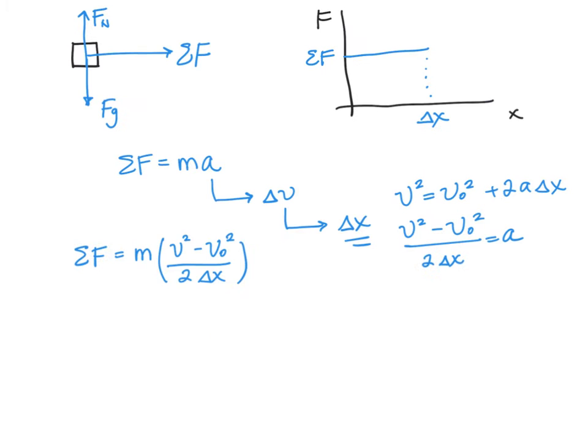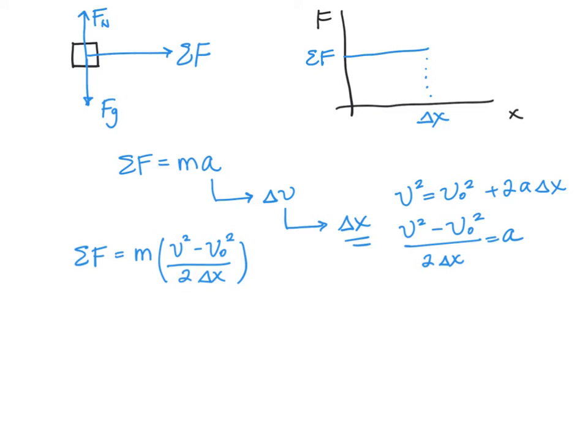So if we look at this equation that we have written here, and we look at how we graphed this force that was acting on the object with respect to its change in position, I know that a force, or a vertical axis, times the horizontal axis would give me the area under this curve.